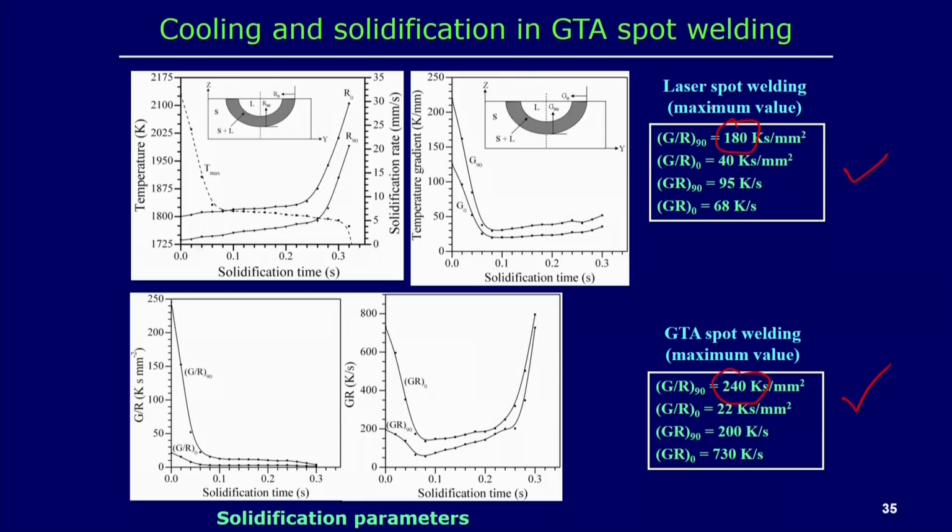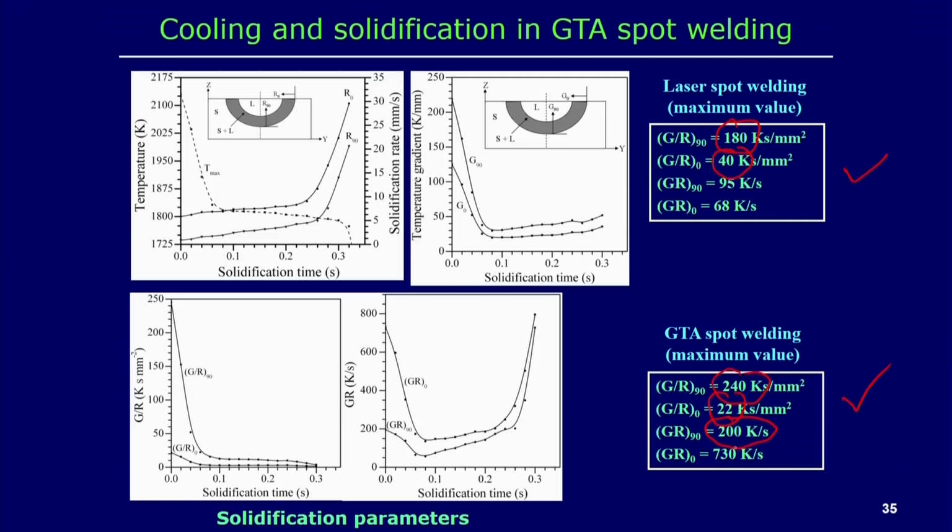At 0 degree, in case of laser it is 40, but in case of GTA spot it is less, but the cooling rate in laser is significantly higher as compared to the GTA spot welding process.